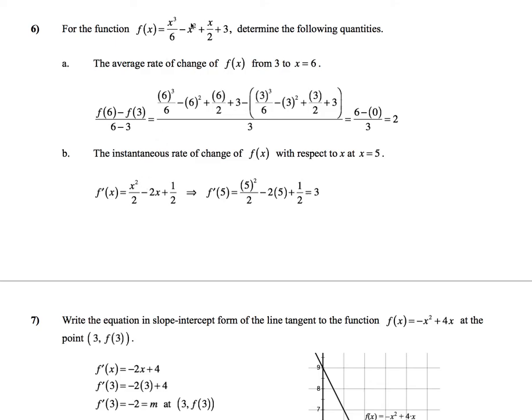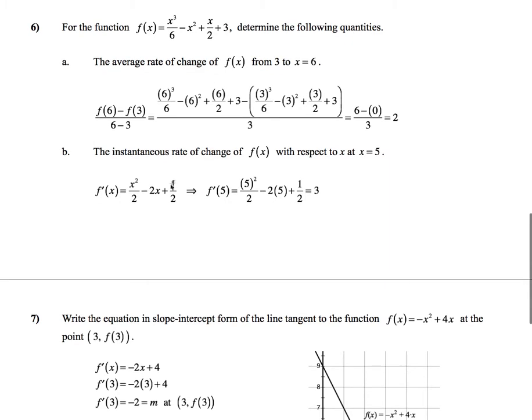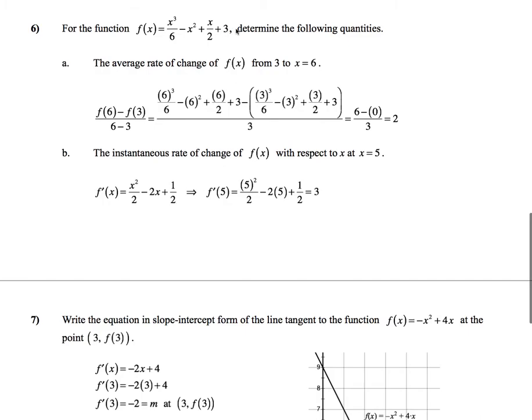And then the 2 comes around front here, and this becomes negative 2x. And x over 2 is the same thing as 1/2 x. So our coefficient to the linear term there is 1/2. And then, of course, the constant differentiates away because it doesn't contribute anything to the instantaneous rate of change of the function.